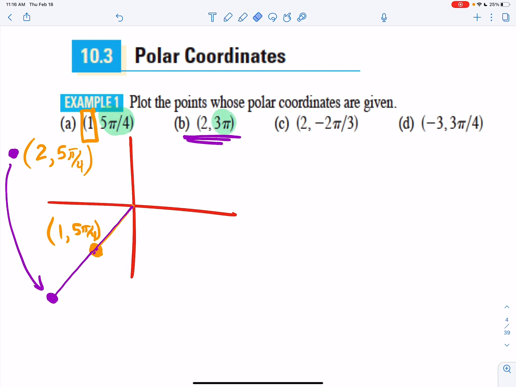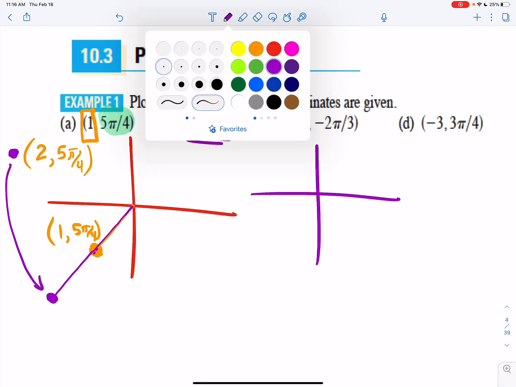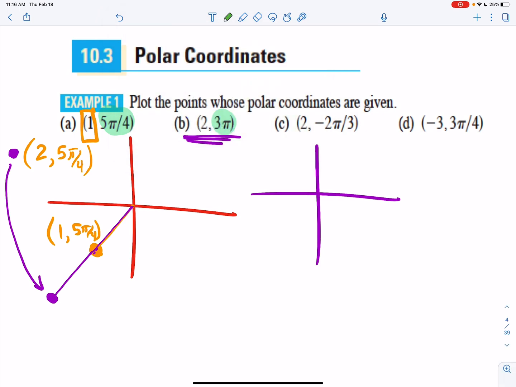Okay, we look at 3 pi. Now 3 pi is way beyond the 2 pi of your unit circle. So let me just show you how this works here, okay? That's 1 pi. That's 2 pi. And that's 3 pi. So you end up right here, okay?